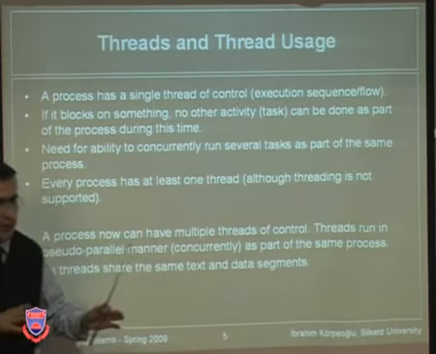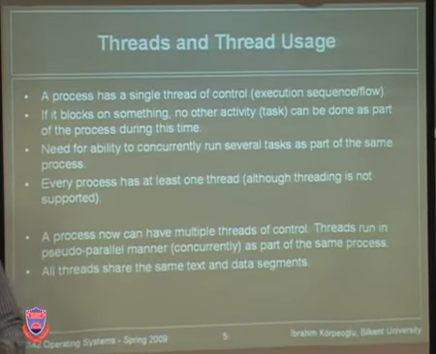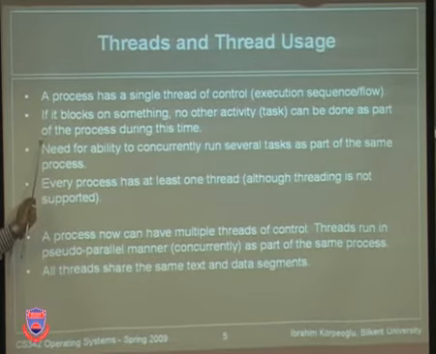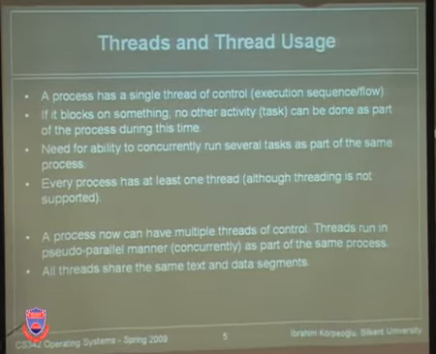It stopped for a while. So the I/O for that process is done, but the CPU cannot be utilized anymore by that process. So if a process blocks on something, no other activity or task can be done as part of this process during this time. You cannot run this process anymore.